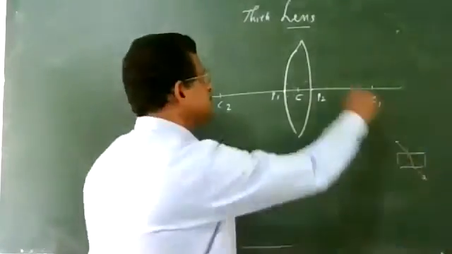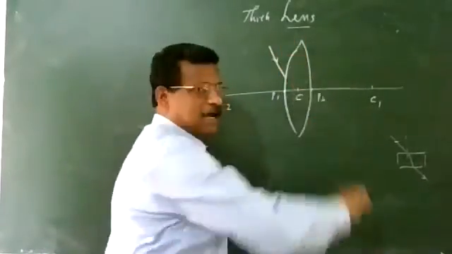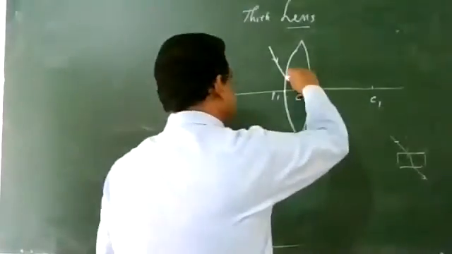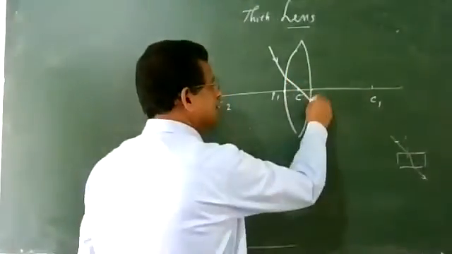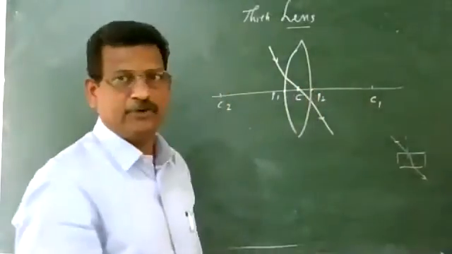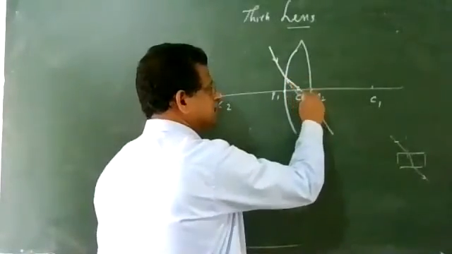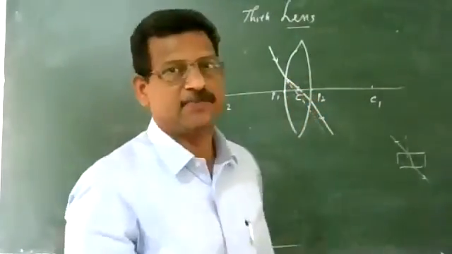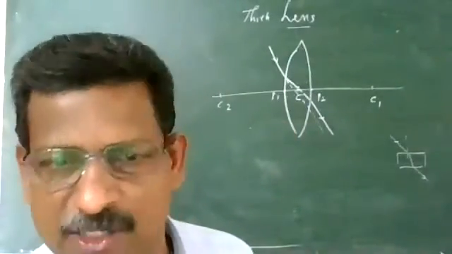So if a ray of light comes to this point and, after refraction from rarer to denser, passes through this part and comes out here, and you extend the direction of the incident ray, you can see that they are parallel. So the direction of the incident ray is parallel to the emergent ray when a light ray passes through the optical center of a thick lens.